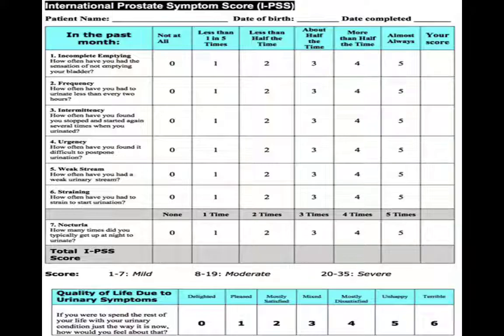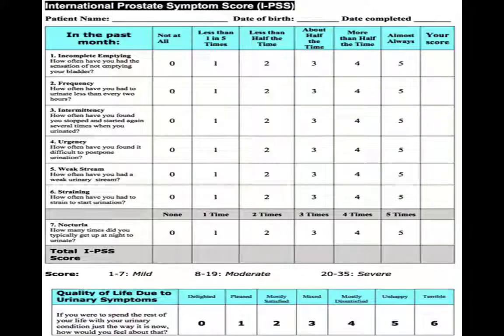Suppose the patient has all of them as score 1, so he will have 7, or even only the incomplete emptying is score 1 and all the remaining are score 0, so he will have score 1.